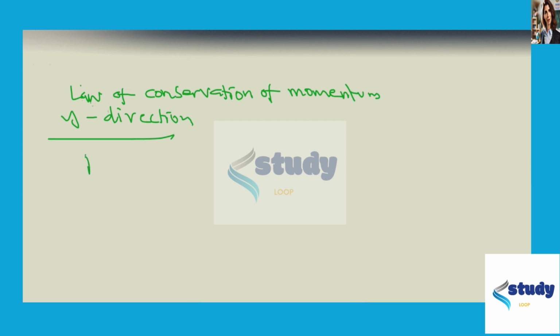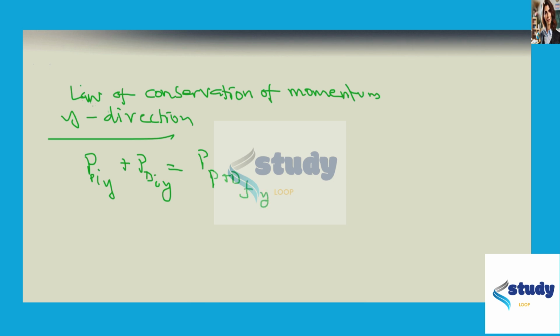So the initial momentum in the y for the Prius plus the initial momentum, I would call this p_i, of the Durango also in the y direction equals the final momentum of the Prius and the Durango in the y direction.